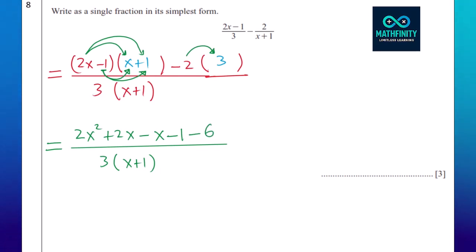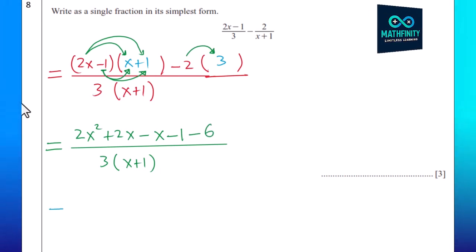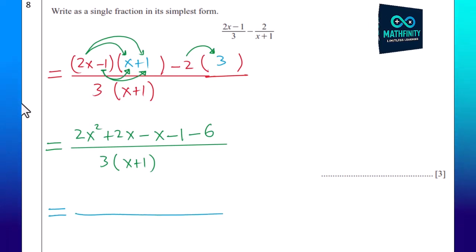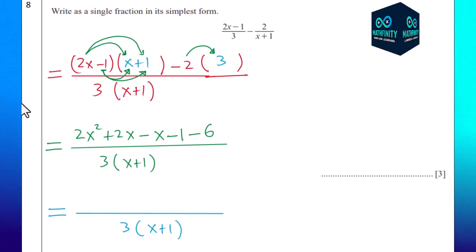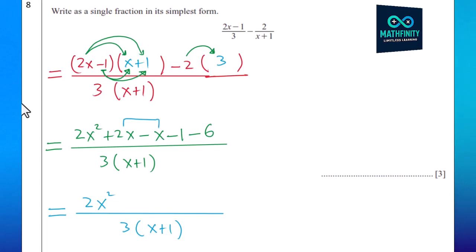After this step, you have to add or subtract the like terms only in the numerator. So we will write 3x plus 1 in the denominator. Here 2x squared is a single term. There is no like term or other term that has a square, so we will keep it as it is. These two are the like terms: 2x minus x will give you positive x.